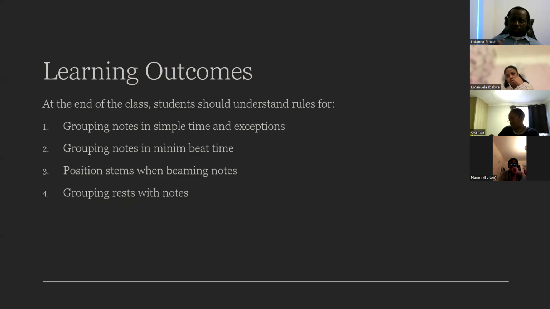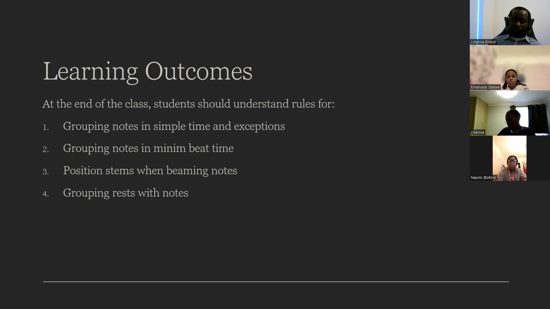And we'll now focus on simple beats, also how to group notes in simple time, because last week I know you looked at simple time, whether it's 2-2 or 2-4, you looked at all those. So we're going to see how to group notes in simple time.